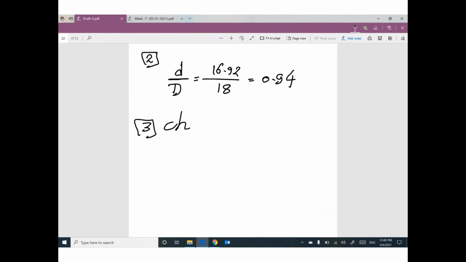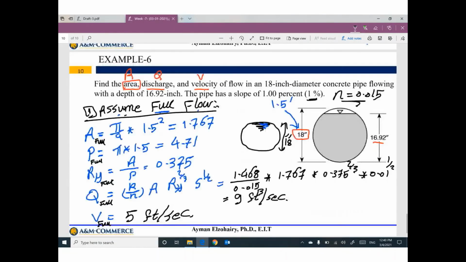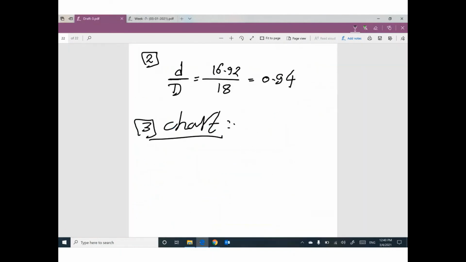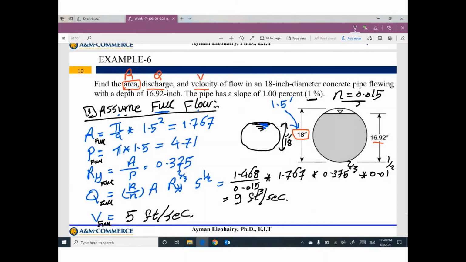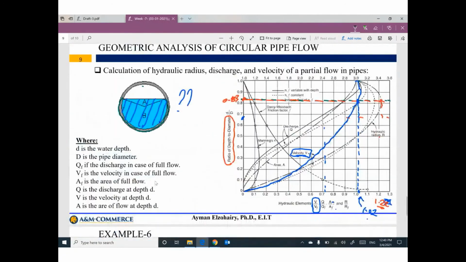Third step, I'm going to use a chart. Remember, we are looking for area. Let's start with the area. Your value depth divided by D is 0.94. I think we are here. So I will go horizontally until which curve?